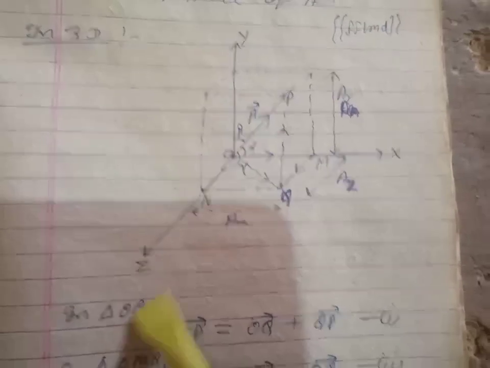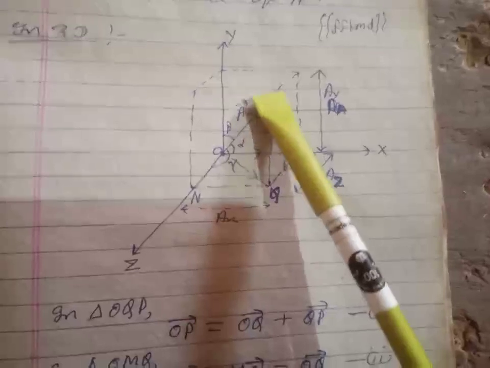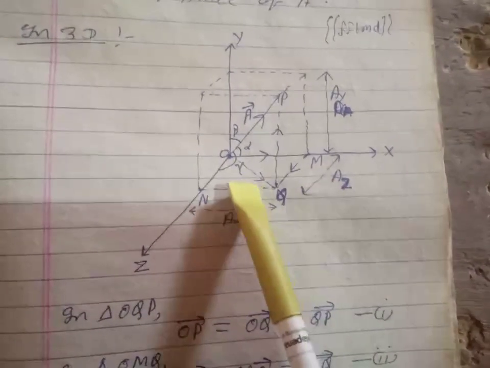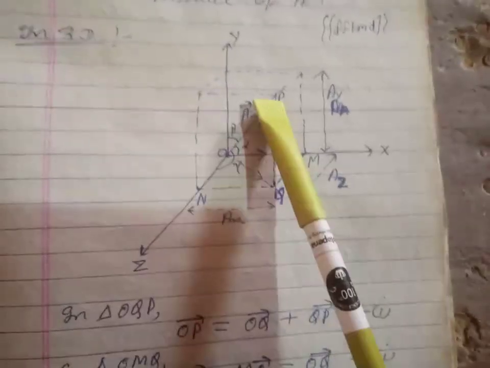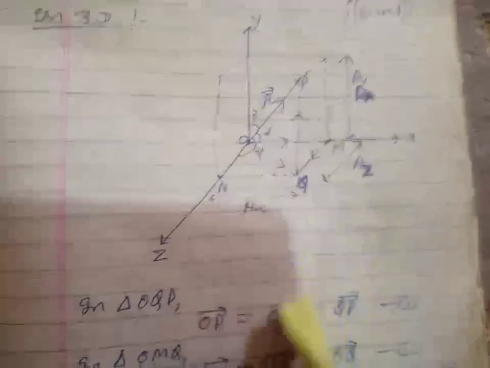Now in triangle OQP, this is a right angle triangle, and angle OQP is the right angle, and OP is the hypotenuse.